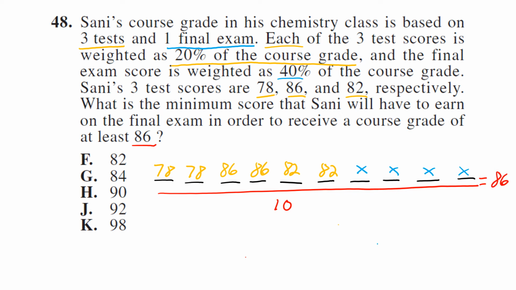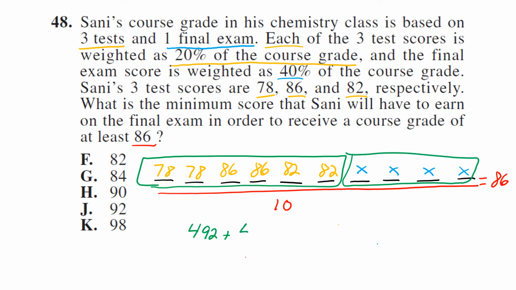So now we can just add these together. So put it in green now. So all this added together is 492 plus 4x, divided by, no, let's not even divide by, let's go ahead and multiply that out.